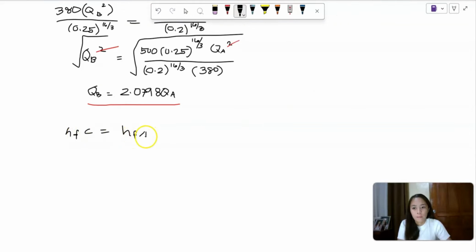So again, we cross multiply, and what remains here is Q sub C squared.